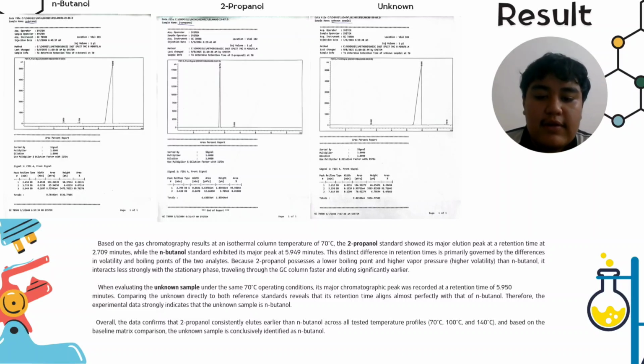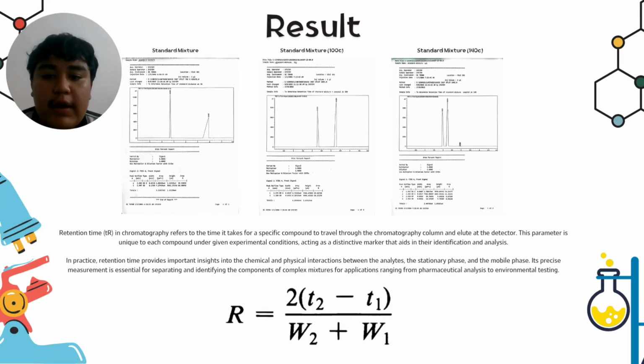And for this other part, we see three different graphs of the same sample, which is the standard mixture, but at different temperatures. For the standard mixture at 70 degrees Celsius, the distance from one major peak to the other is quite far, compared to 100 degrees Celsius and 140 degrees Celsius.